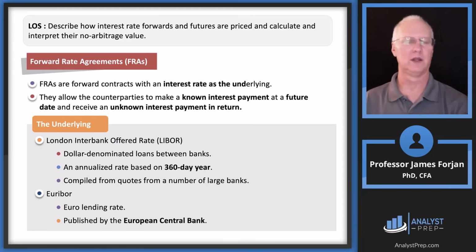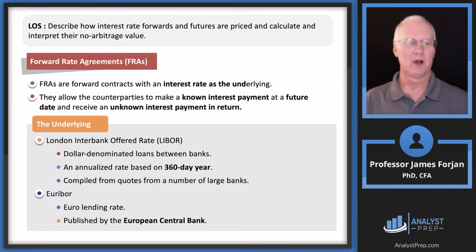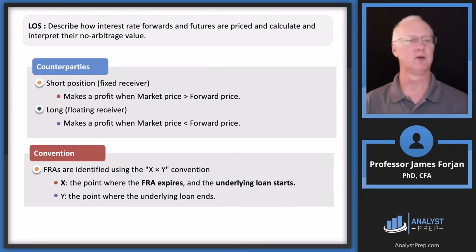Euribor is one, and the securitized overnight financing rate is another. I'm guessing on the near-term exams, the CFA Institute will probably still include LIBOR, although I don't know that for a fact. But it doesn't really matter what rate they give you. Whatever rate they give you, that's going to be the underlying asset. They could give you Jim's interbank offered rate, JIBOR. Who knows what that means?